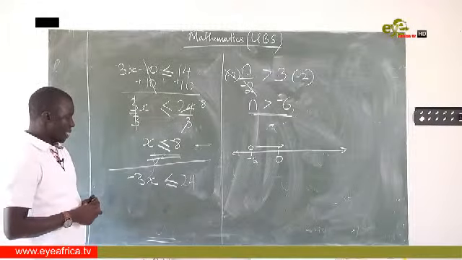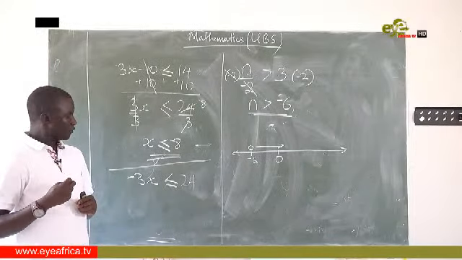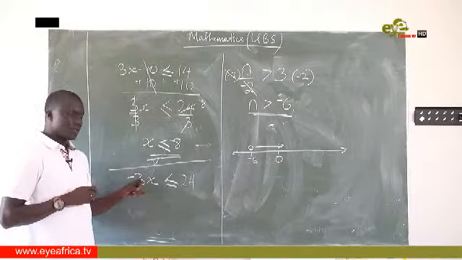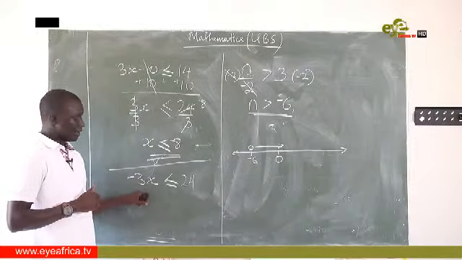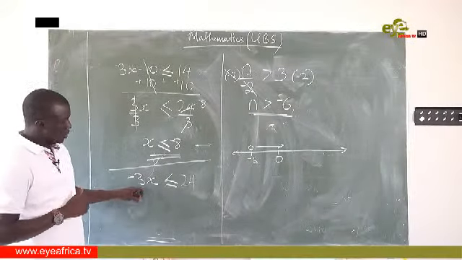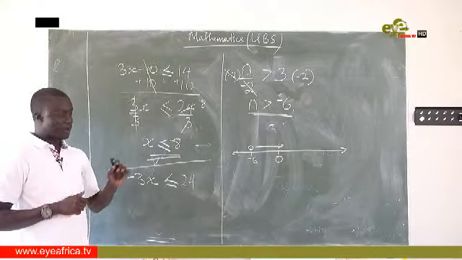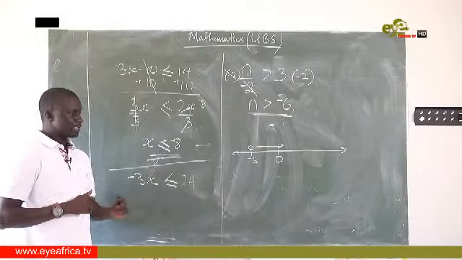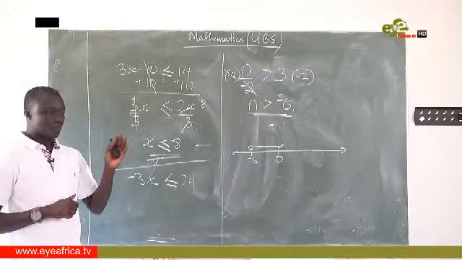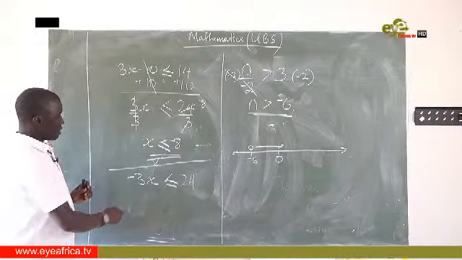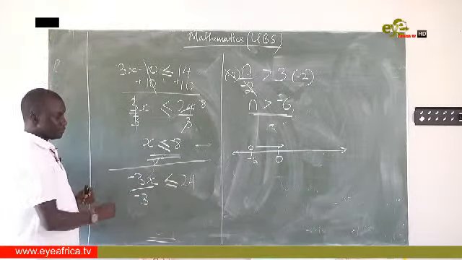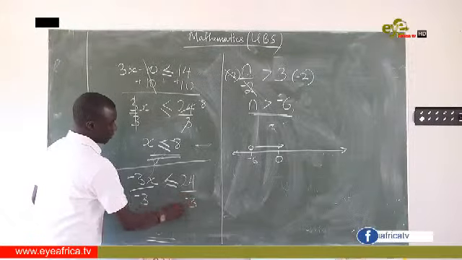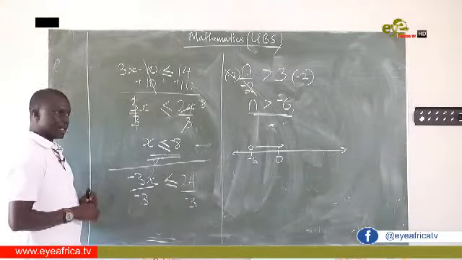In dividing both sides by negative 3, we'll achieve two things. One, to isolate our variable. Two, to undo the multiplicational operation here. We all know that the opposite of multiplication is division. So whenever you have an operation that is a multiplication, you need to divide to isolate our variable. So we divide here by negative 3, and therefore we divide this side also by negative 3.